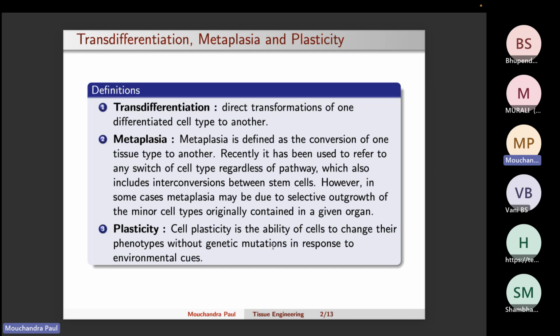If there is any doubt in understanding this term, please let me know. So without any genetic mutation, the cell is able to change its phenotype. Cell plasticity is again a very broad term which people use to explain changes in cell phenotypes.